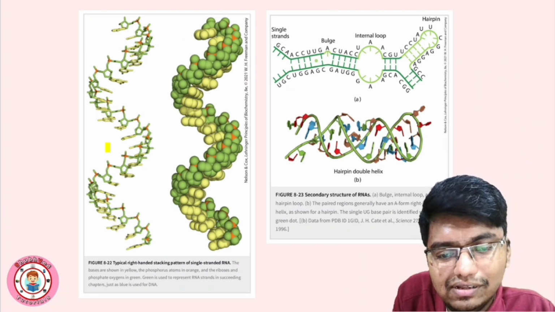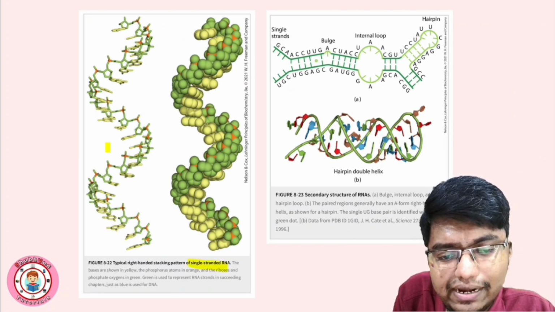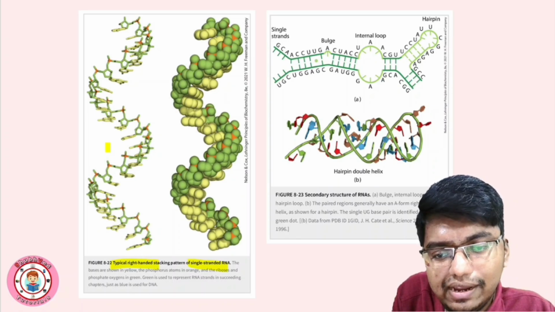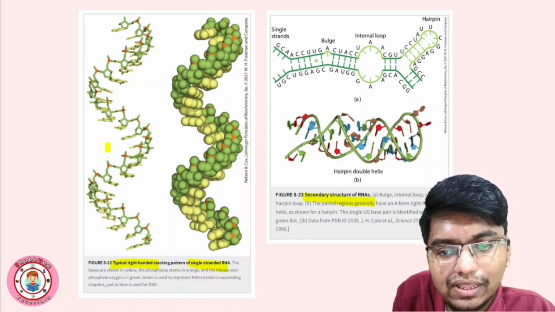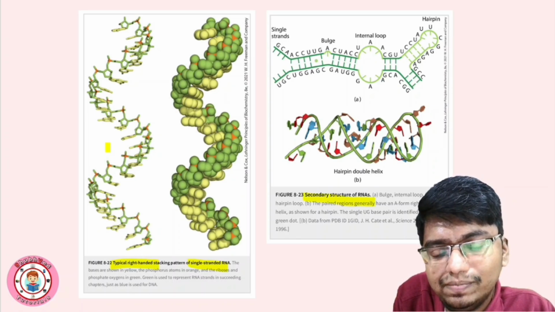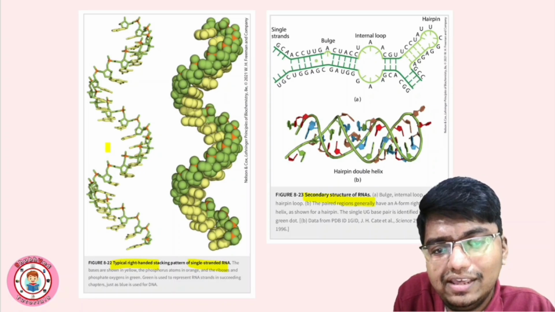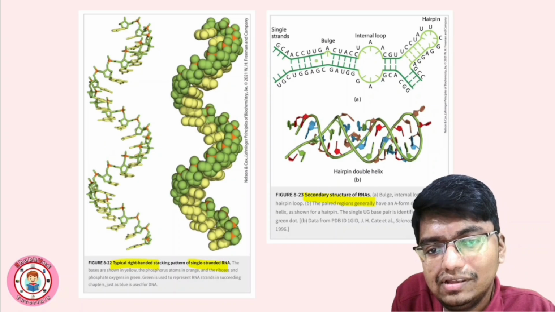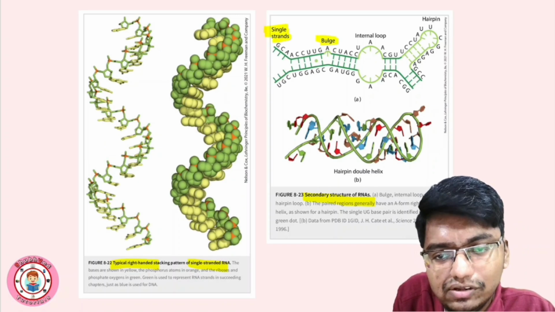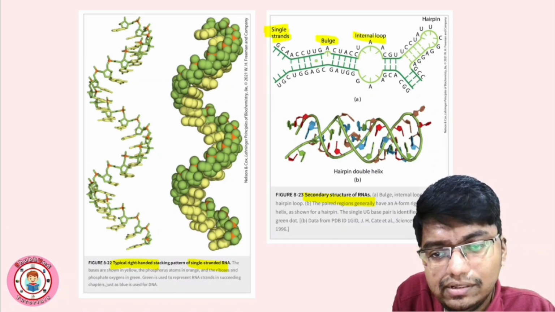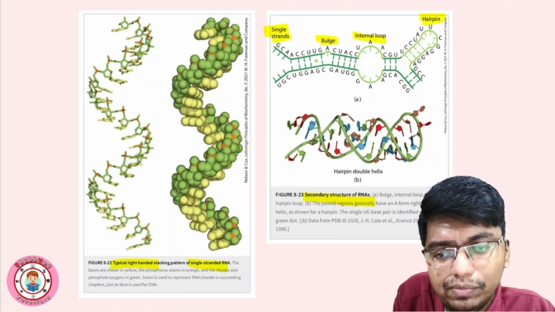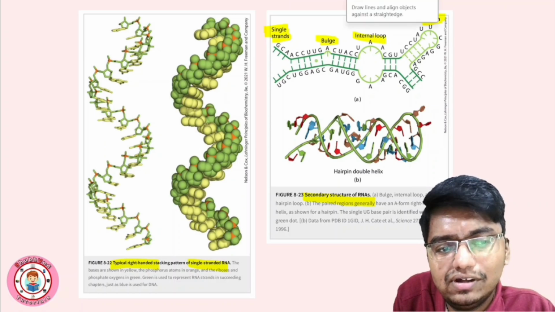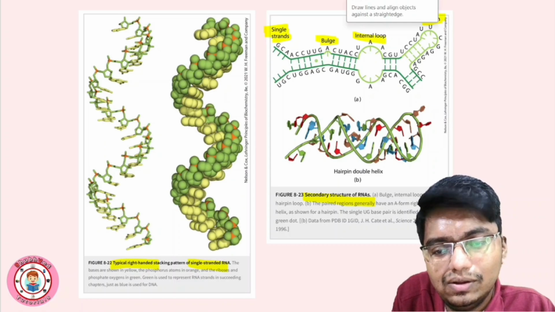RNA structures: single-stranded RNA, you can see a right-handed form. In the secondary structure of RNA, there is pairing within the strand, right? Single-strand RNA pairs at complementary regions. See, in a single strand you can see bulge formation, internal loop formation, hairpin formation. For tRNA we know the structure, the clover leaf model, right?